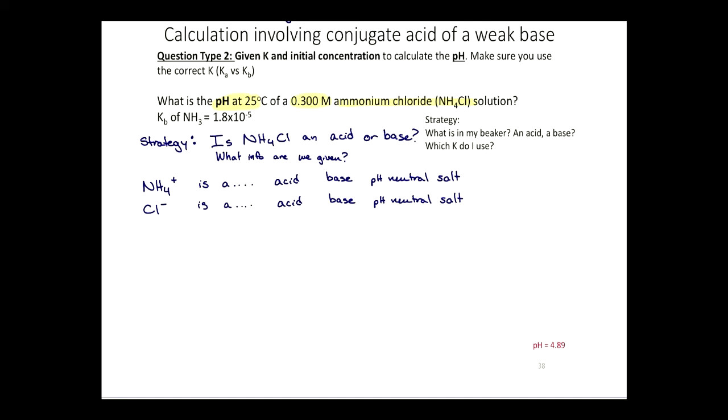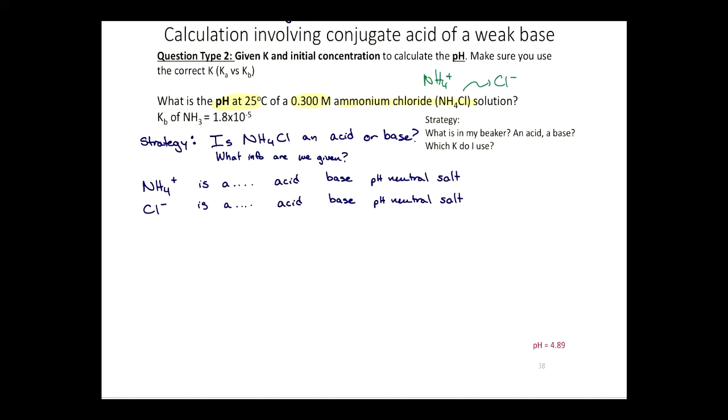Right, so we need to ask ourselves, when you put ammonium chloride into solution, that's a salt. It has a cation and an anion. So what you want to do is separate the cation and anion and look at them separately. Ammonium is NH4 plus, and then chloride, Cl minus. You need to ask yourself, does this salt act like an acid or a base? That answer will tell you what K value to use.